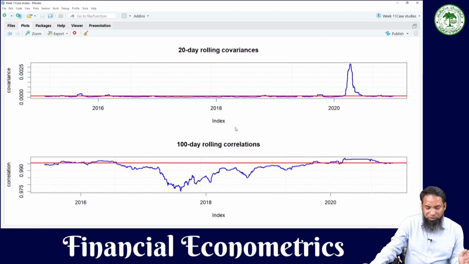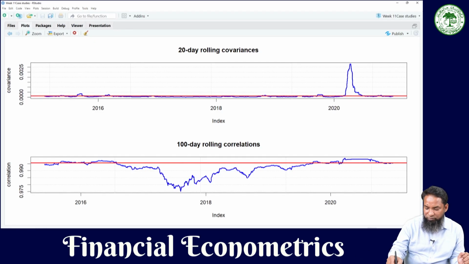One interesting aspect we are looking at here: whenever there is a stable market, the correlation is almost, we can see, around 0 here. However, when there is fluctuation in the market, the covariance has increased, and the correlation remains almost similar. However, in this area the correlation goes a little bit less than 1, and it is increasing here.